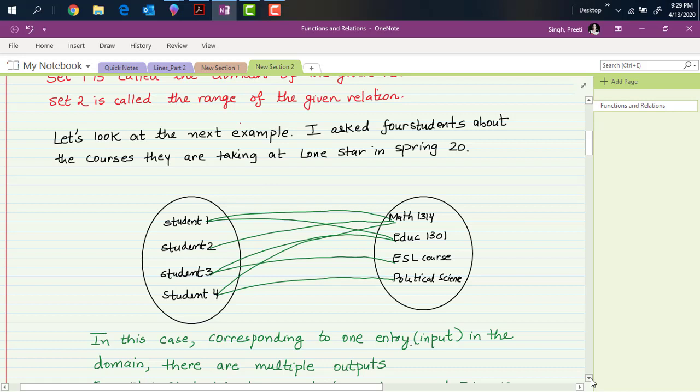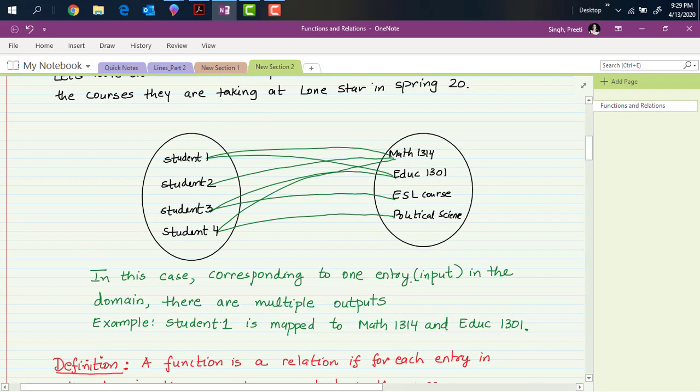So there is a correspondence between the two sets. Set 1, your domain, has four students. Set 2, your range, has four courses. Student 1 is mapped to 1314 and EDUC 1301.